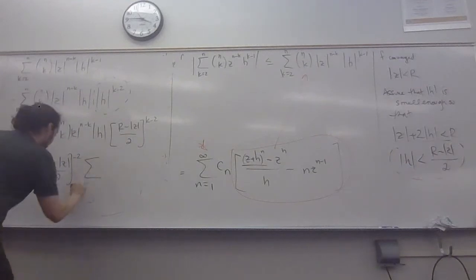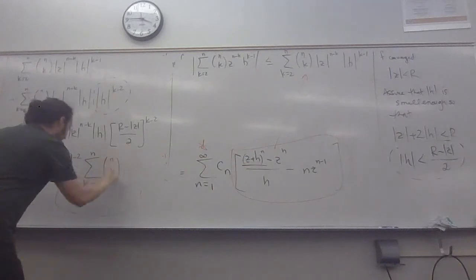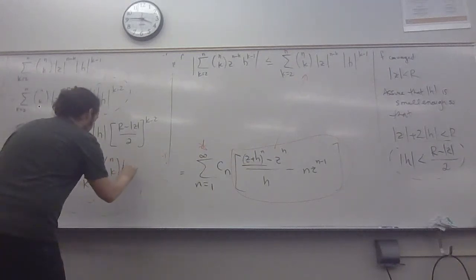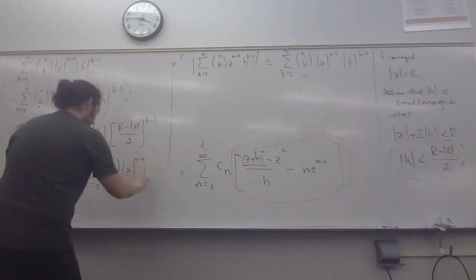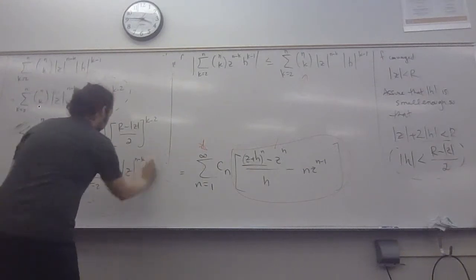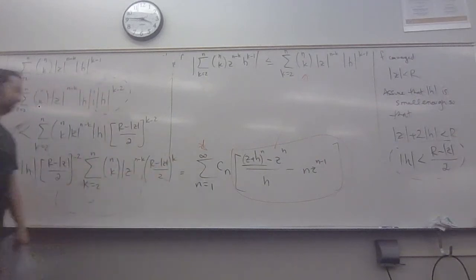Sum from k equals 2 to n of n choose k, modulus of z to the n minus k, r minus modulus of z over 2 to the k. Does anybody see the suspicious thing that happened here?